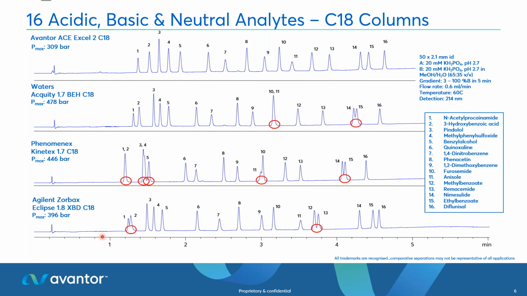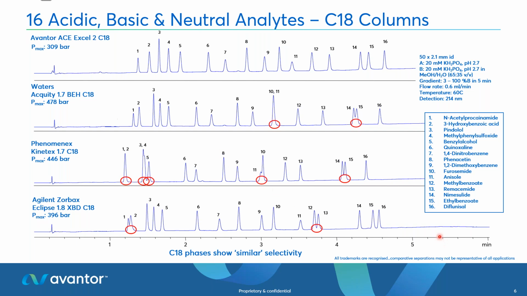So C18s are all similar, and actually if you look at the elution order, everything is kind of eluting 1 through 16, 1 through 16, but you can definitely see peaks moving around.